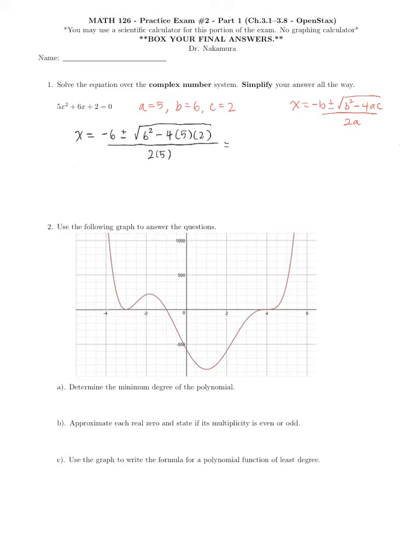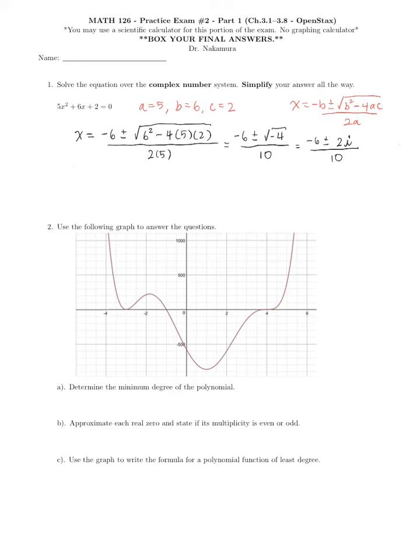This equals negative 6 plus or minus the square root of negative 4, whole thing over 10. Now, the square root of negative 4 is the square root of negative 1 times the square root of 4. Remember, the square root of negative 1 is i. So here we get negative 6 plus or minus 2i, whole thing over 10.